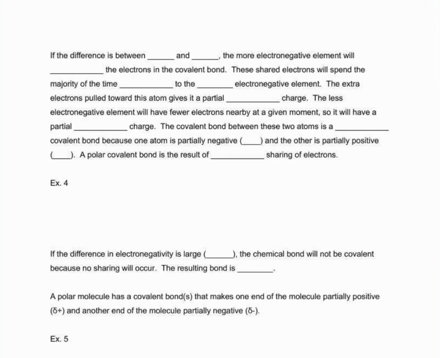Not every covalent bond is going to be nonpolar. If the difference is between 0.5 and 1.7, then the more electronegative element will attract the electrons in the covalent bond. What happens is these shared electrons will spend the majority of their time closer to the more electronegative element.